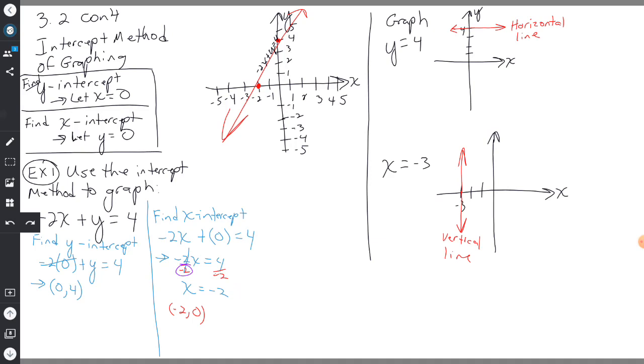So 0, 4 is our y-intercept here, and negative 2, 0 is our x-intercept.